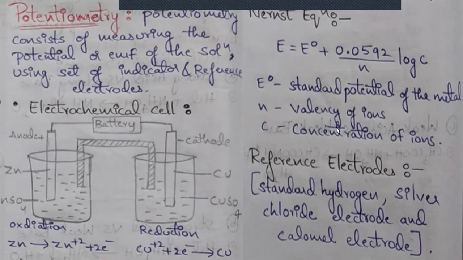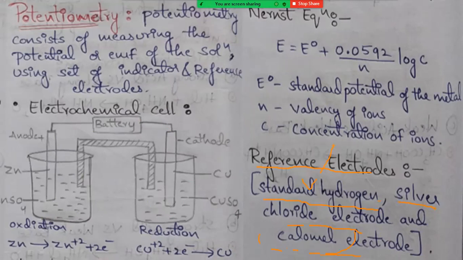Now we are going to discuss the reference electrode. This is the reference electrode. We have different types of reference electrodes, such as the standard hydrogen electrode, the silver chloride electrode, and the saturated calomel electrode. Of these, the saturated calomel electrode is the most widely used, because it has many advantages over other electrodes. The standard hydrogen electrode can also act as an indicator electrode, so it can be used as a reference electrode as well as an indicator electrode.